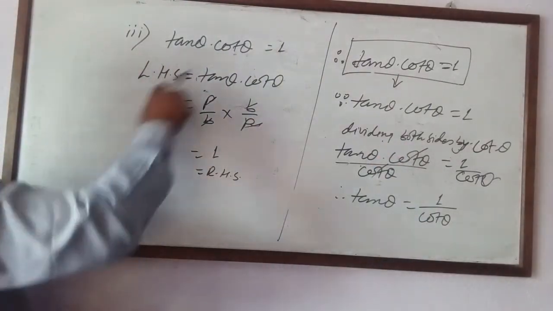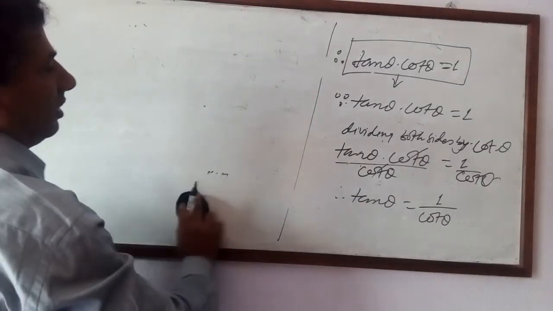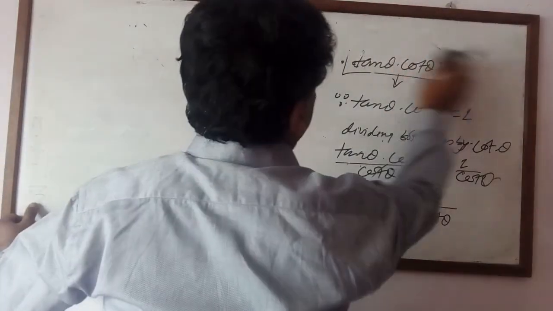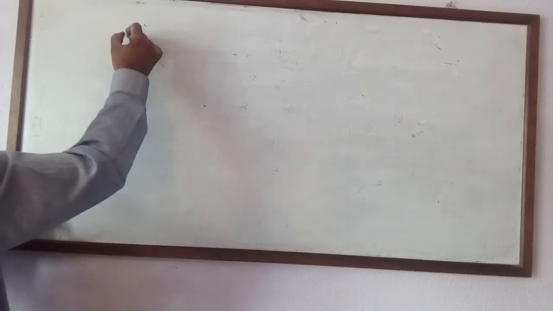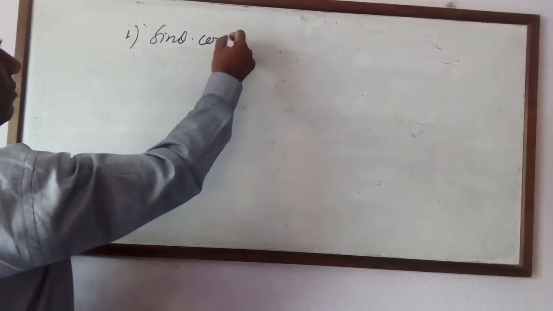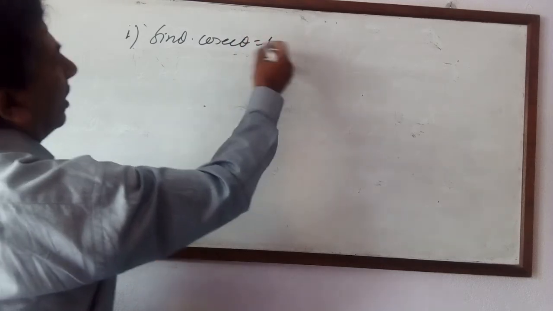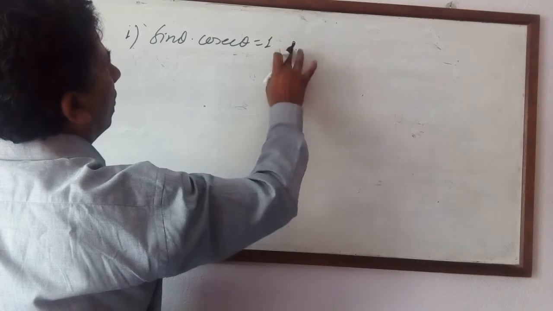Now this is the way to prove. I write all at a time, then you have to read like this. This is reciprocal formula number 1: sin theta times cosec theta equals 1.